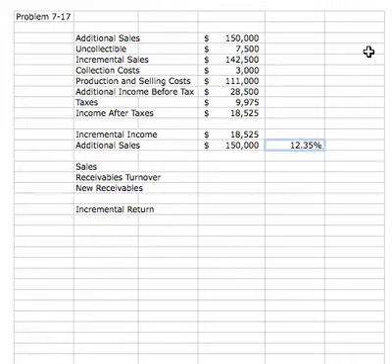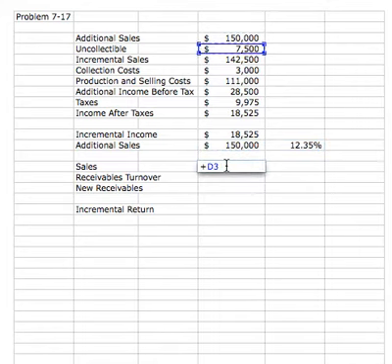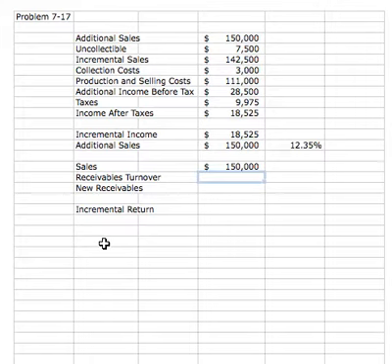So we're given some information here to calculate that. If you remember how to calculate receivables turnover from Chapter 3, it's sales divided by the receivables balance. So if we're given our receivable turnover ratio of 3 to 1, all we need to really do is take our additional sales figure and divide that by our receivable turnover ratio, which is 3.